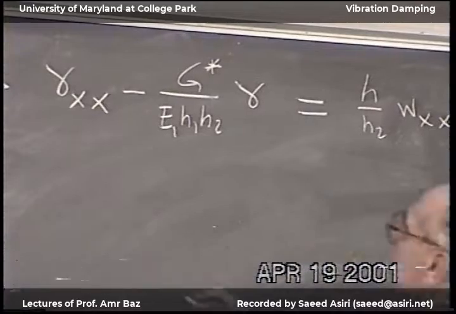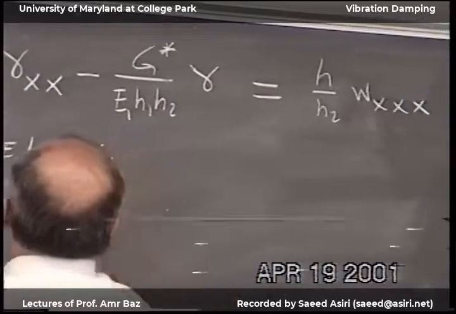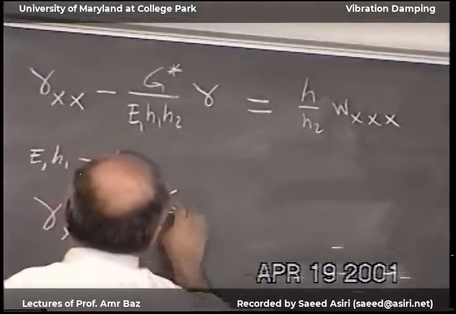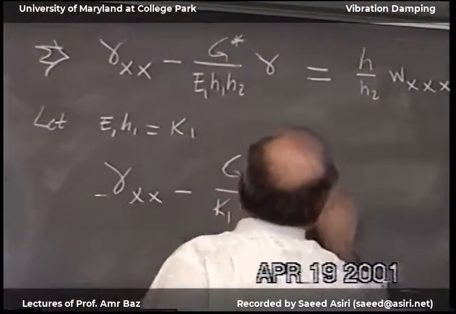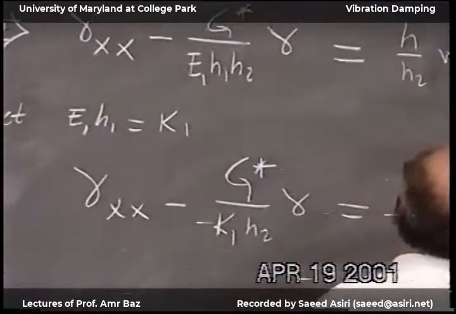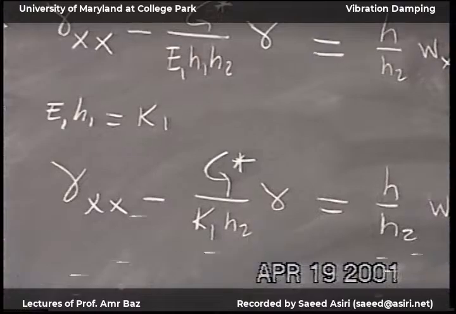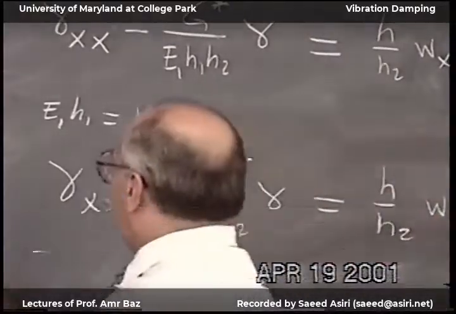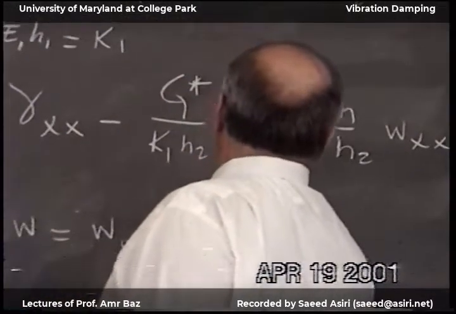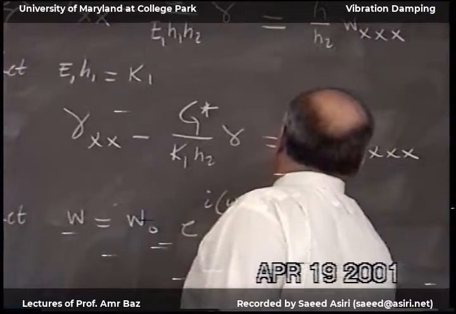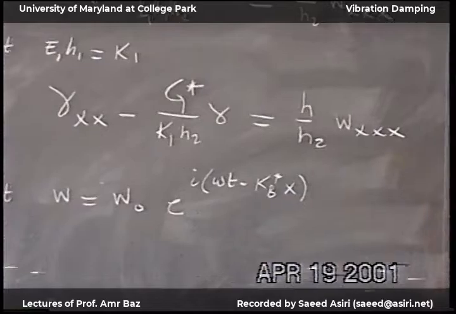And for simplicity, we'll just say let E1 H1 is equal to K1. So gamma XX. Now we'll say let W is equal to W0 e to the I omega t minus k b asterisk x. And plug it here.